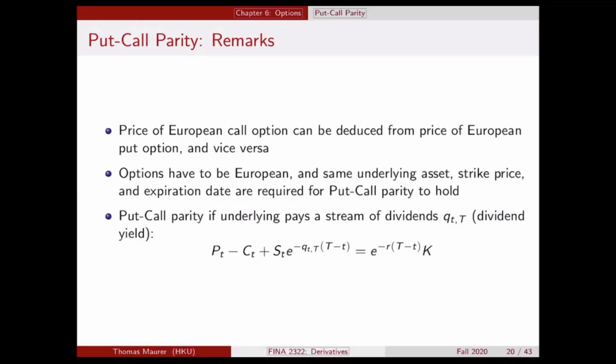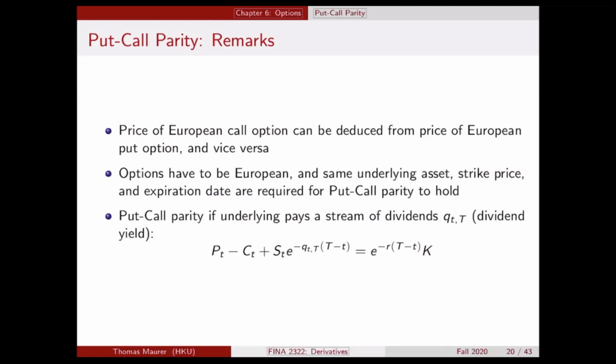Notice that the put-call parity only holds for European options because we compare our payoffs at only the maturity date. If we had American options, then there might be the possibility that an option is exercised early, and therefore our payoffs would not all be made at the maturity date, or cash flows which are made early would have to be reinvested until the maturity date, and our argument would not add up anymore.